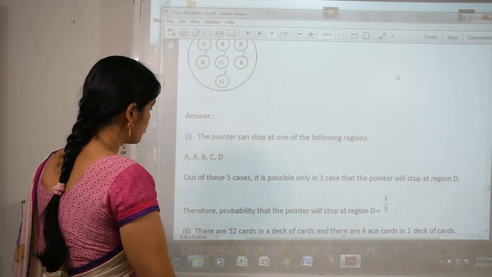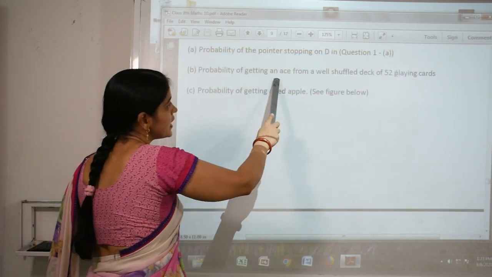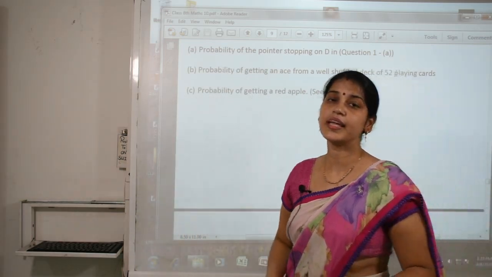This is the probability. Now second one is probability of getting an ace from a well shuffled deck of 52 playing cards.